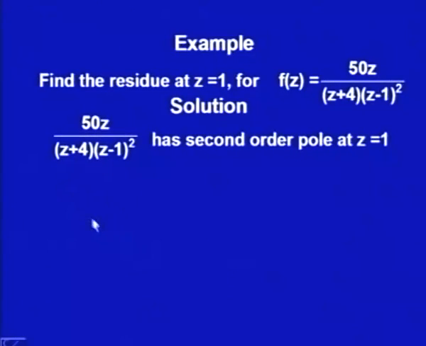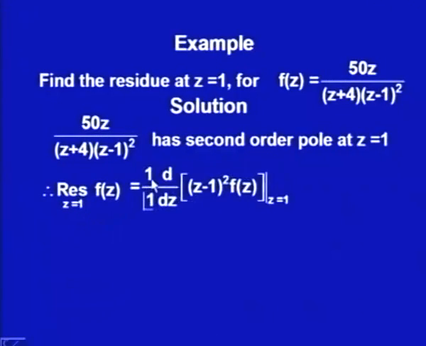Here we have the case where the pole is of order greater than 1. So I would use the second formula we just obtained, which says the residue at z equal to 1 of f(z) is 1 upon factorial (m minus 1), where m is 2 now. So, 1 upon factorial 1, d upon dz of (z minus 1) square f(z) evaluated at z equal to 1.